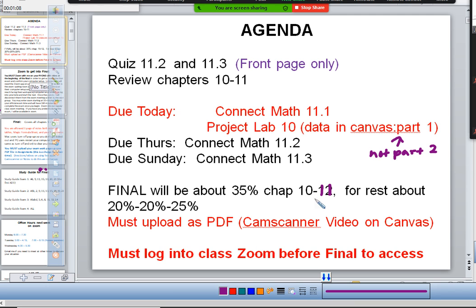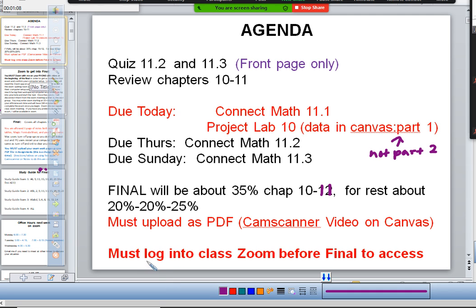Email it to me. Actually, it is an assignment in Canvas. If you go to assignments in Canvas, you'll upload it as a PDF. So it's practice for the final. Think of it that way. And that's how you get your 2 points extra credit on the binder.